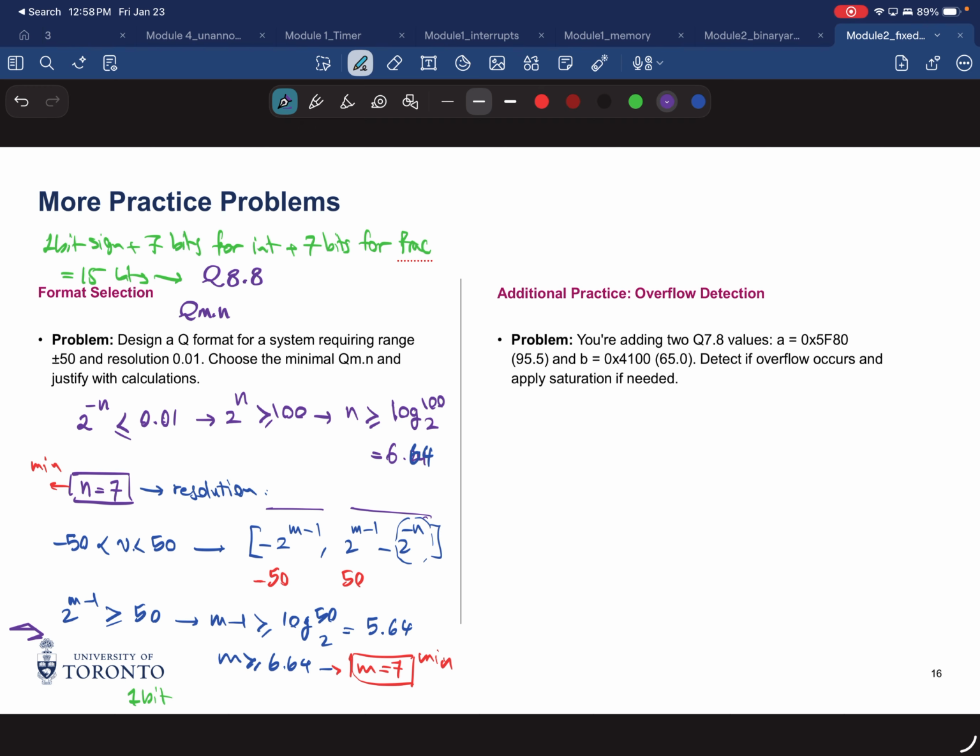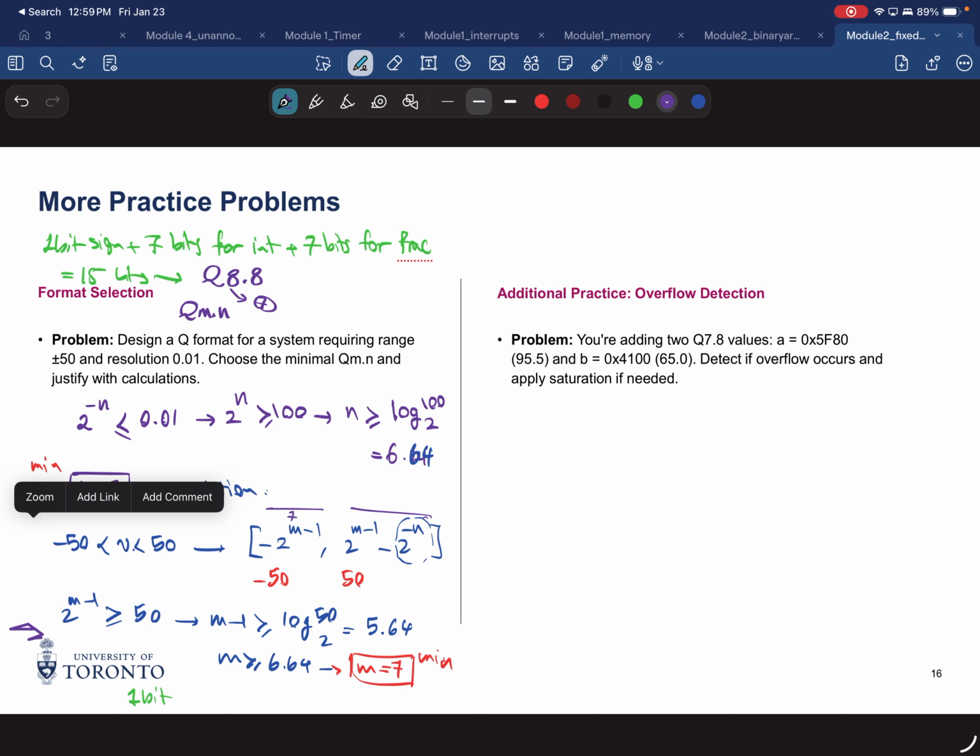So if I had 7 bits for the integer in the signed version, that would be minus 127 to 127? If the 7 includes the sign bit, it should go from minus 64 to 63.